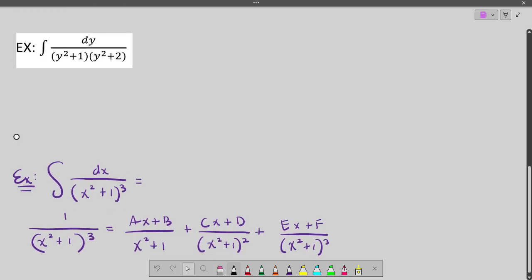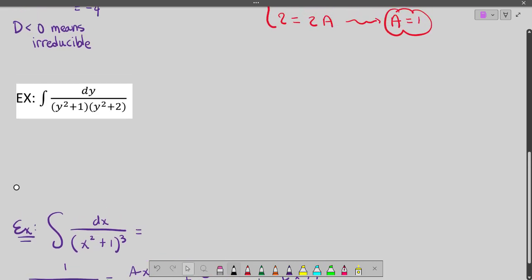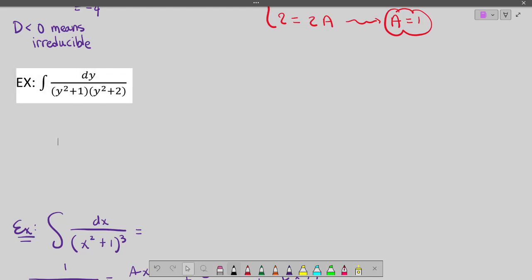All right. But let's try this one where we have 2. Let's see if this one's as bad as it looks. Okay, so it's already factored, and everyone's clear that these are both irreducible quadratics. All right, sums of squares you cannot factor unless you have imaginary numbers. So those are irreducible.